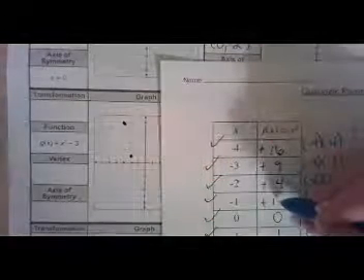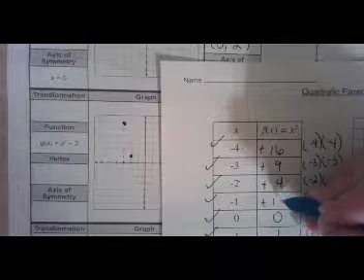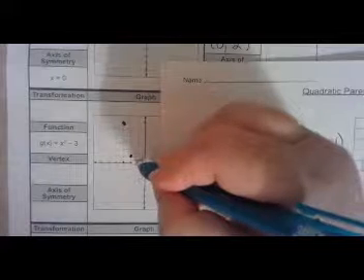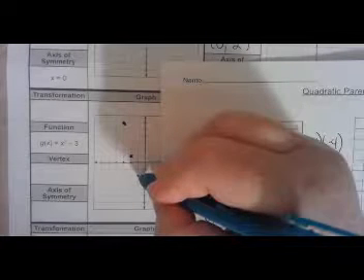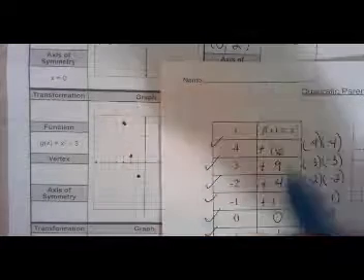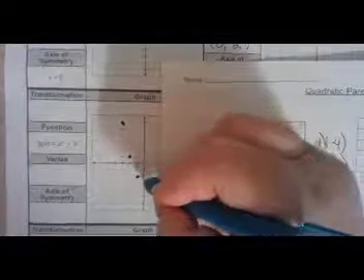If I go to negative 1 and I subtract 3, that's going to make it negative 2. And then if I go to 0, my output on the parent graph was 0, so I'm going to subtract 3, 0, 3, put it right there.